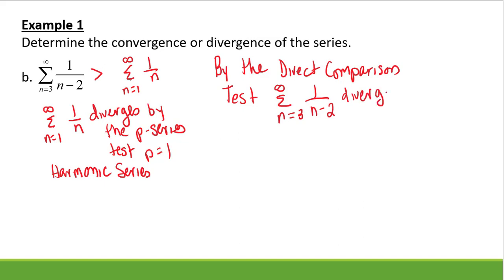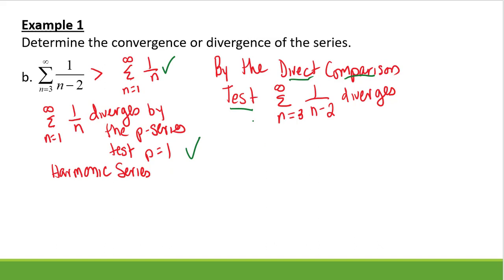So hopefully that looks familiar. And I always like the direct comparison test. Again, a few things you want to make sure you have. You have the inequality. You have the one that I picked, one that I knew something about, whether that converges or diverges. And then by the direct comparison test, what happens to the one that I didn't know something about?